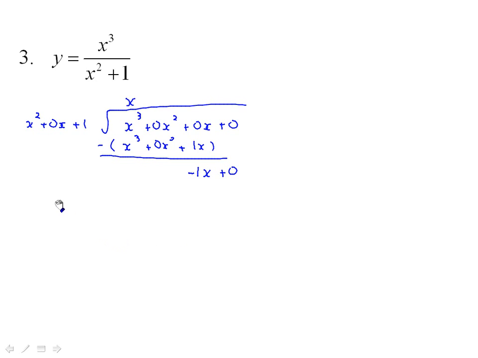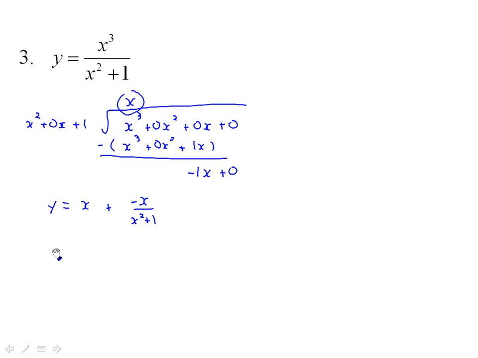So the form that we would get if we put it into the linear form would be the quotient of x, and then plus the remainder, which is negative 1x or negative x, over the divisor, which is x squared plus 1.